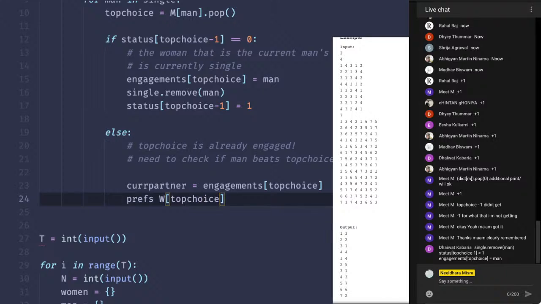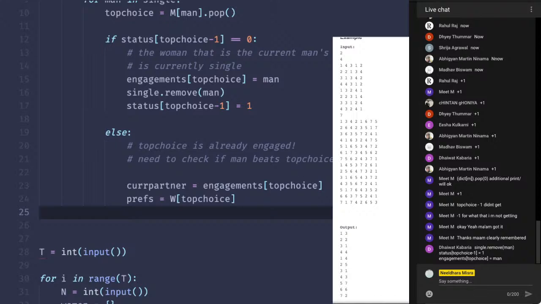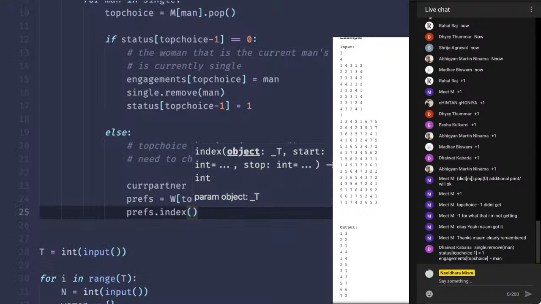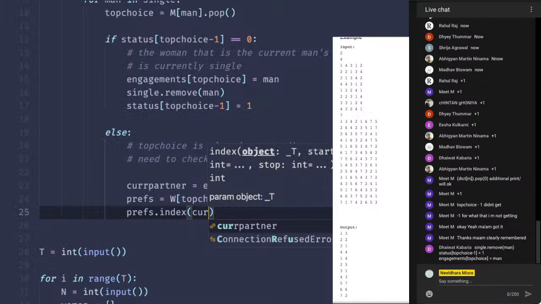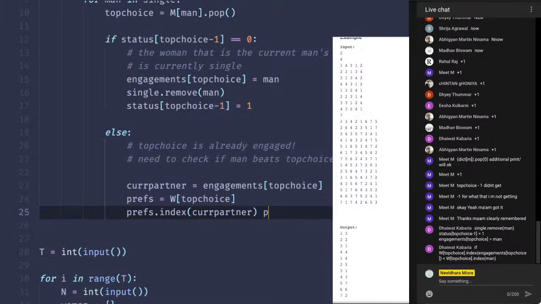This is the preferences of the woman that man is proposing to, right? And now we need to check where does current partner appear in this preference list and where does man appear in this preference list. So we want to say prefs dot index of current partner versus prefs dot index of man.